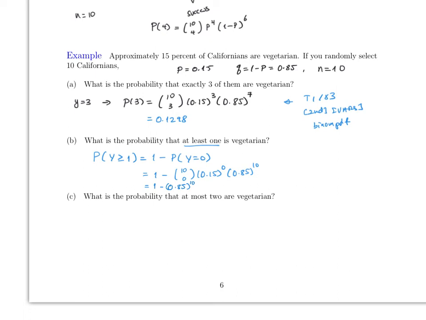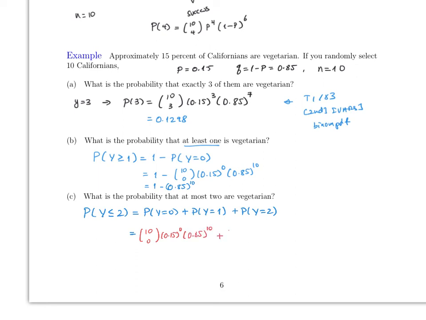Now part C asks, what's the probability that at most 2 are vegetarian? So y is less than or equal to 2. So it will be y equals 0 plus y equals 1 plus y equals 2, and then you just do each of them separately. For 0, it will be 10 choose 0, which we did already, times 0.15 to the 0 power, times 0.85 to the 10 power.